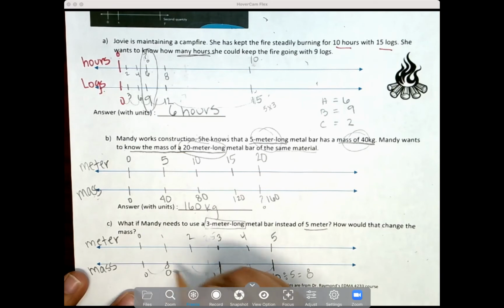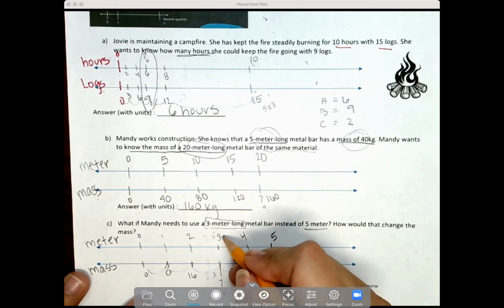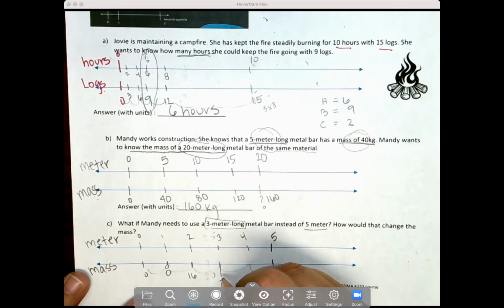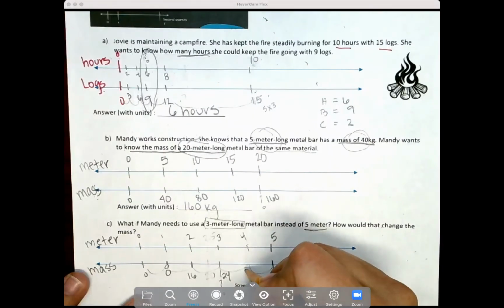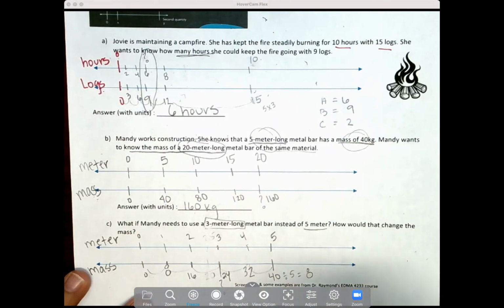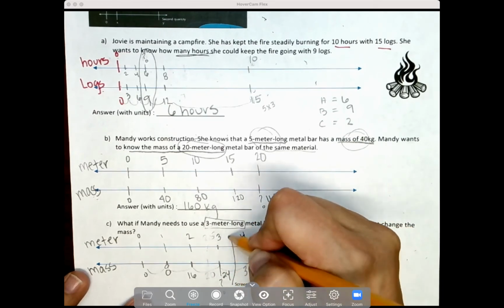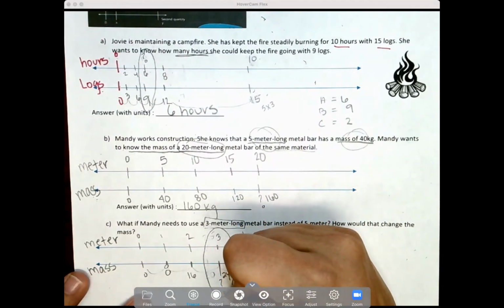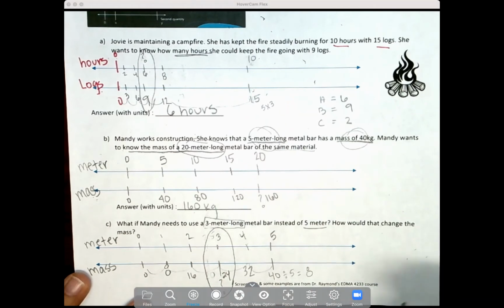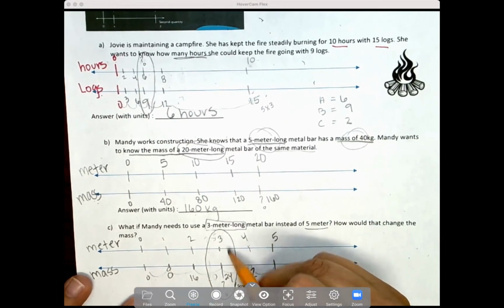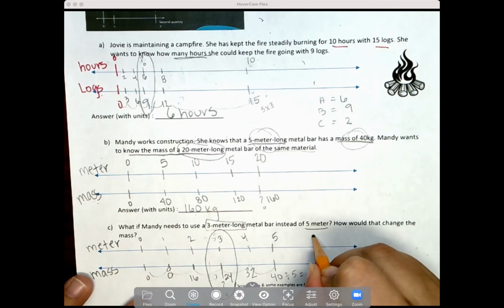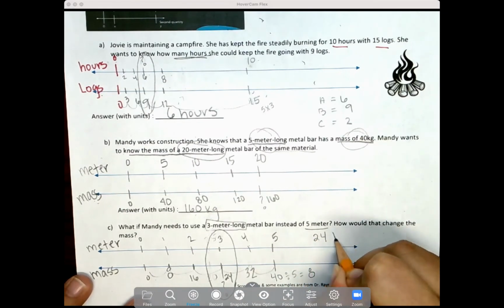So here would be 8. Plus 8 would be 16. Plus 8 would be 24. Plus 8 would be 32. So again, there's my answer. We have a 3-meter long metal bar would weigh 24 kilograms.